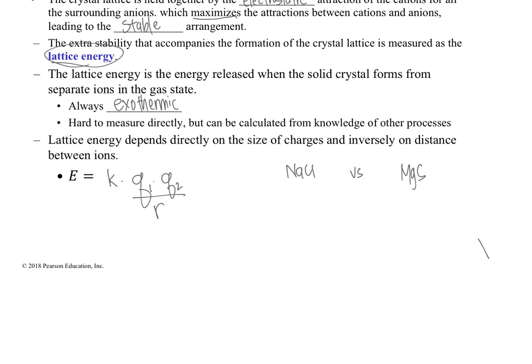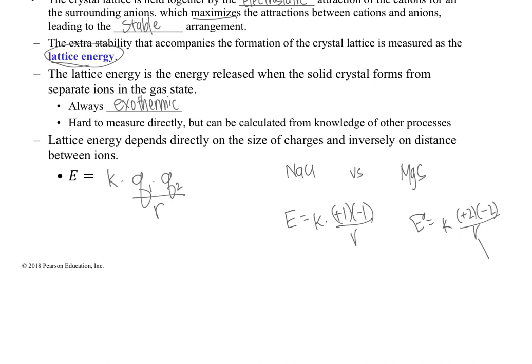For NaCl, the charges are +1 and -1, so E would be K times +1 times -1 divided by R. And magnesium sulfide would be K times +2 times -2 divided by R.